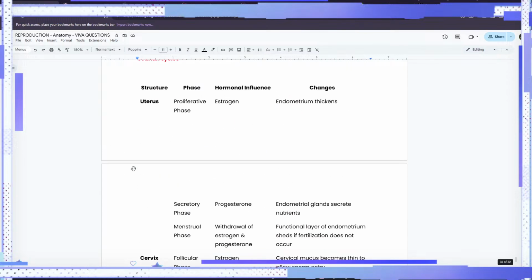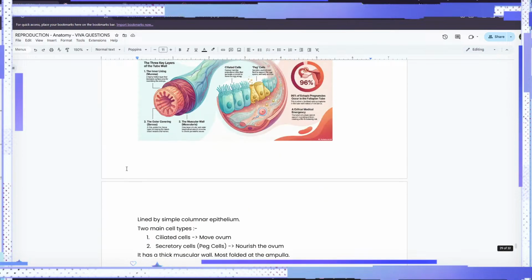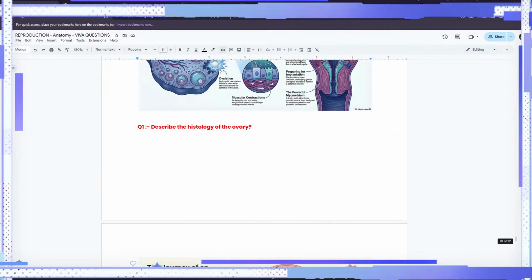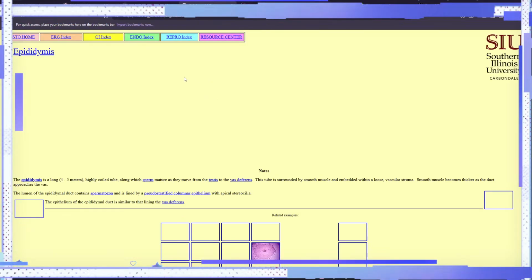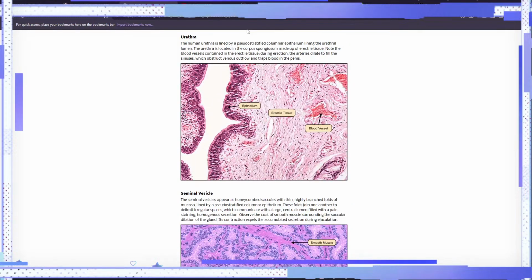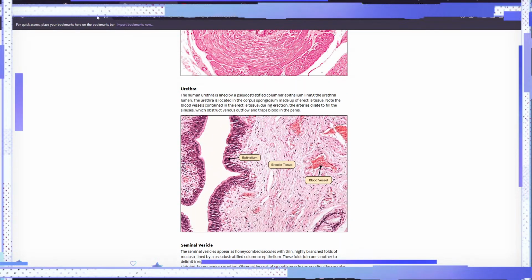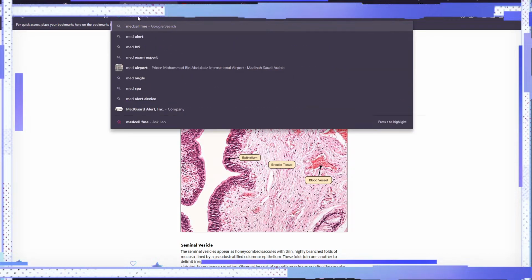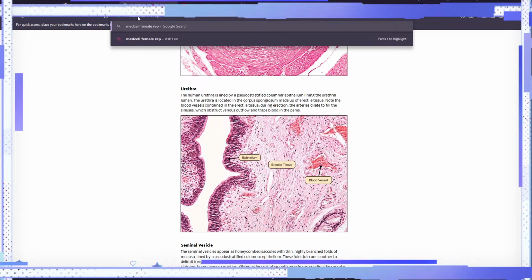No problem. All right, let's find some nice images for the cervix. Okay, where were we? Surely there's one for the female reproductive system.